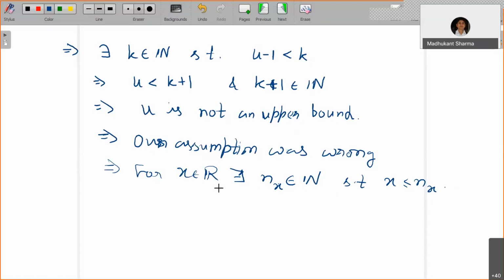So you are only worried about x greater than 1. Now use this Archimedean property, our completeness property, to establish very important results. Now more results we are going to see.